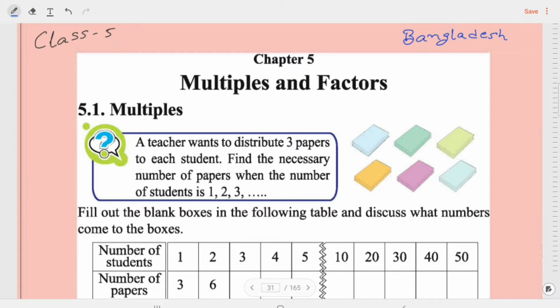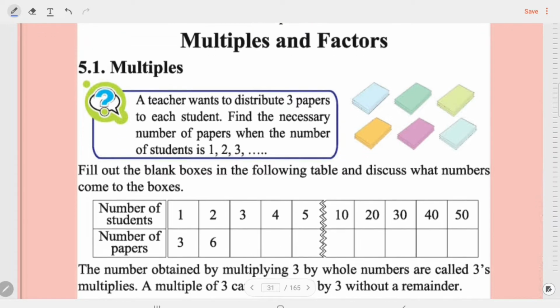Fill out the blank boxes in the following table and discuss what numbers come to the boxes. Number of students 1, number of papers is 3, 2 means 6.